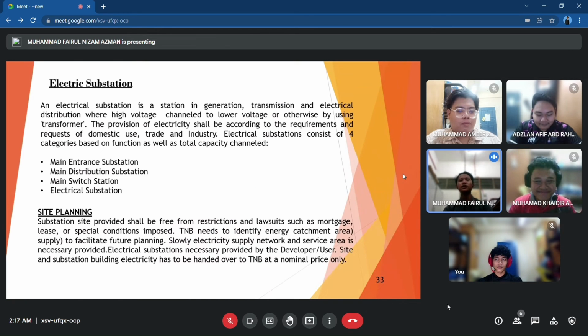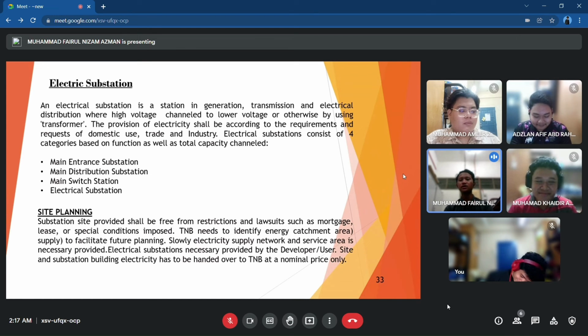An electrical substation is a station in generation, transmission, and electrical distribution where high voltage is converted to lower voltage and otherwise by using a transformer. The provision of electricity shall be according to the requirement and request of domestic use, trade and industry.